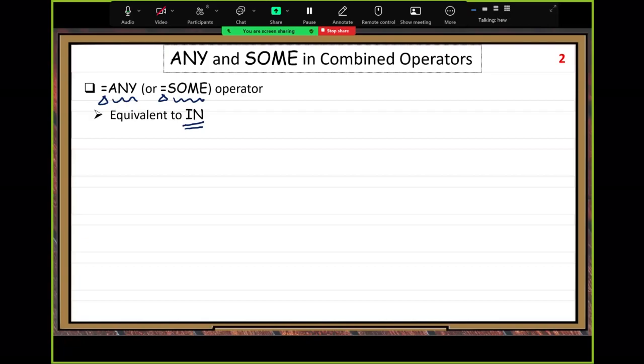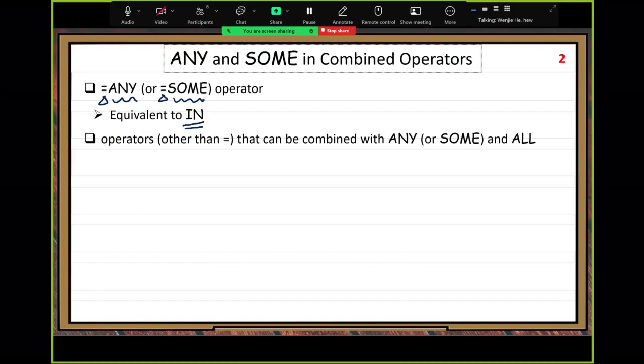Based on the logic, we may not replace the in operator by equal any or equal some. But here I just let you know that if other people use equal any or equal some, then when you understand the statement, you can replace those two operators by the in operator. Then it is easier to understand.